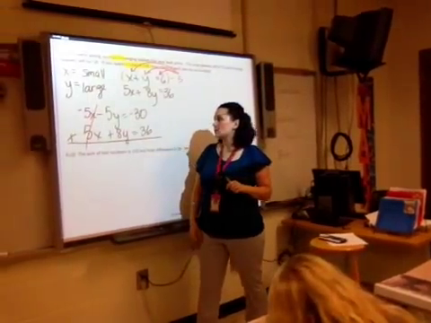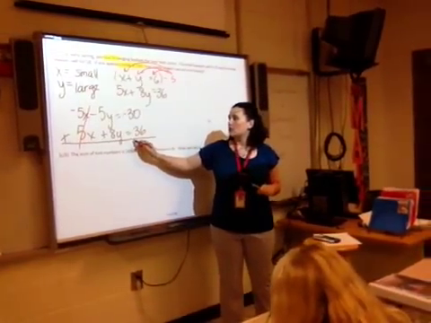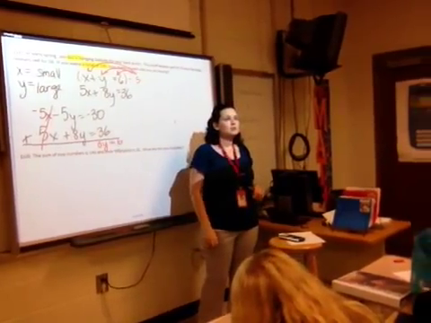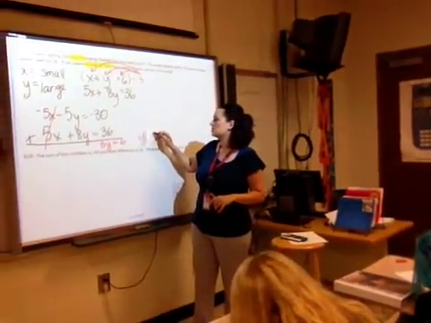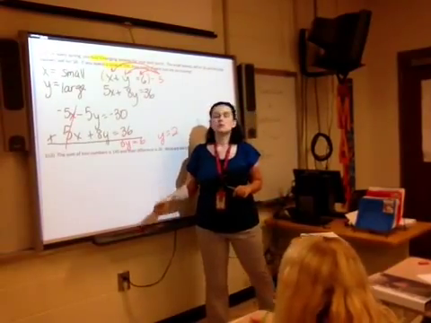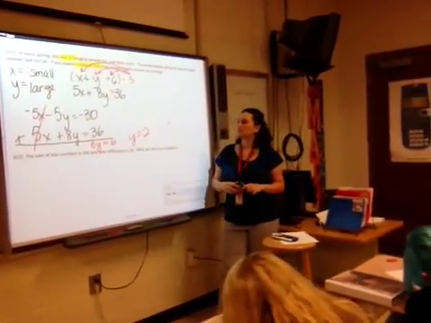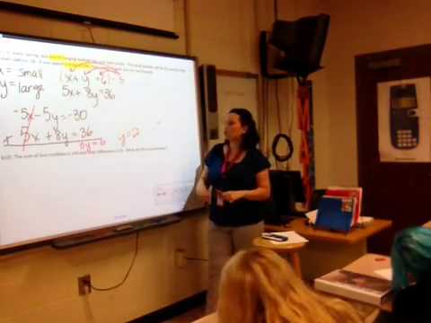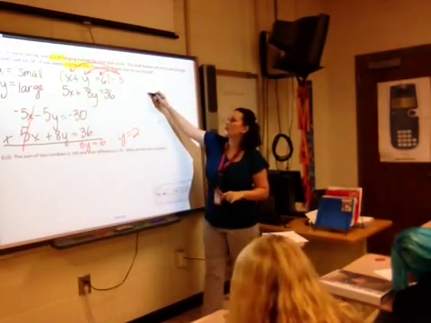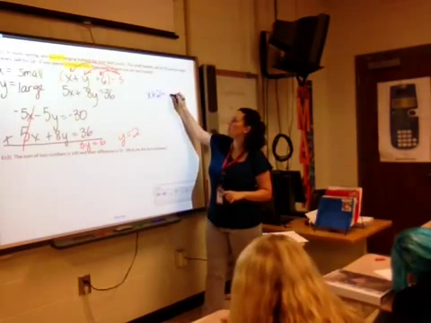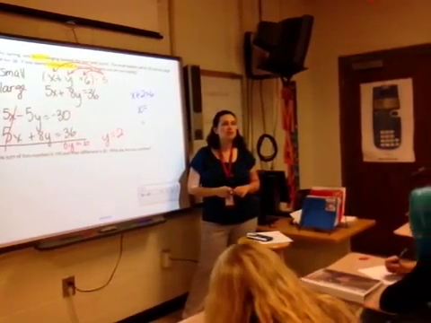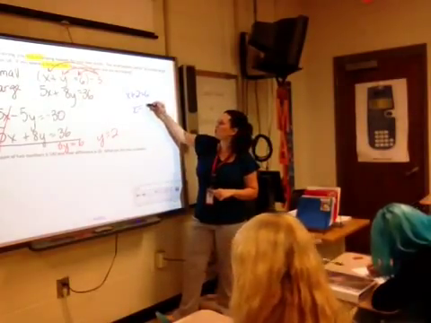Your x's cancel. You get 3y equals 6. So y equals 2. And if y equals 2, you can plug it back in to get x. X plus 2 equals 6. So what does x equal? 4, right? Because you subtract 2 from both sides.